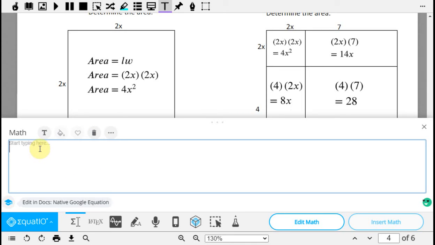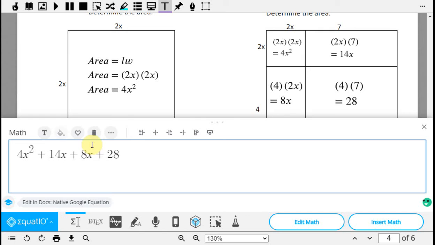So we'll start with the first box and work our way through. I'm going to go from 4x squared to both of the x's and then to the 28. 4x squared plus 14x plus 8x plus 28.